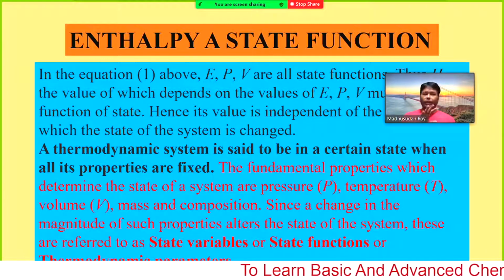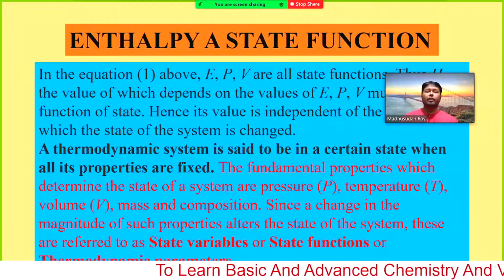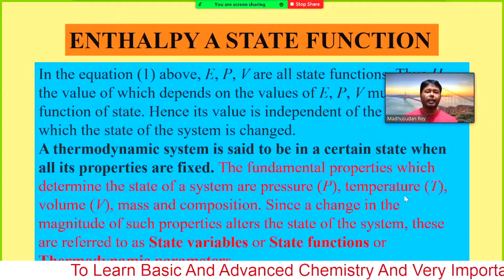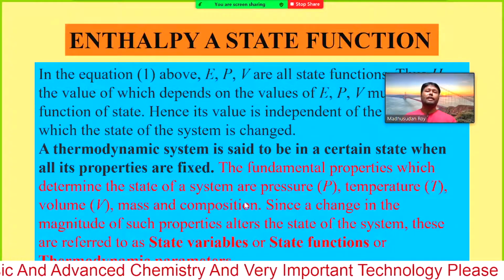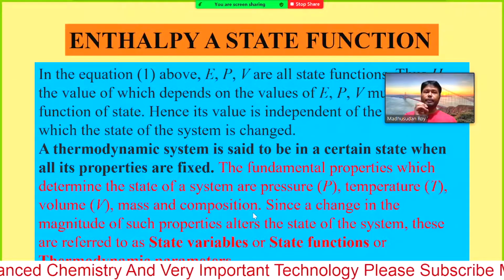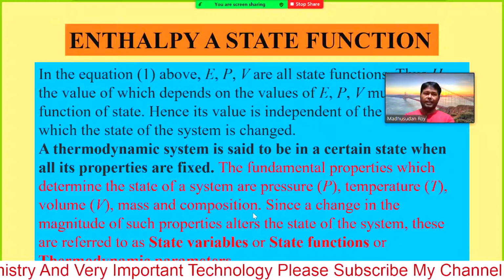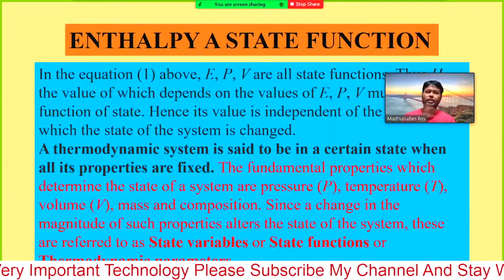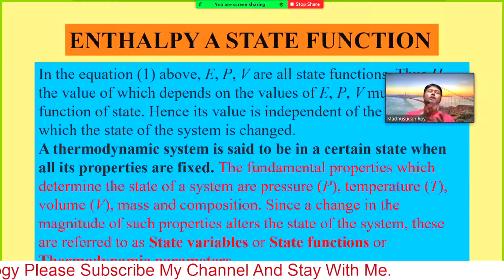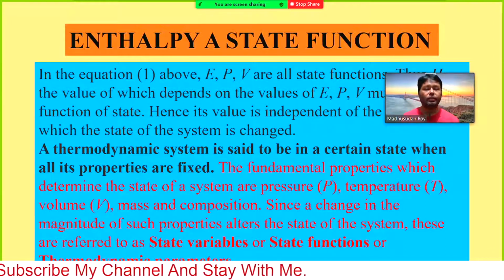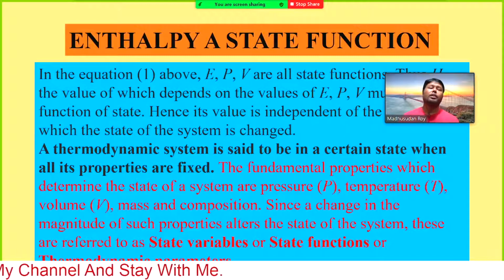So, what are the fundamental properties? Already mentioned: pressure, temperature, volume, mass and composition. Composition means what components are present, in water, oxygen and hydrogen. For any other system there will be several different components, so you need to fix all the composition.